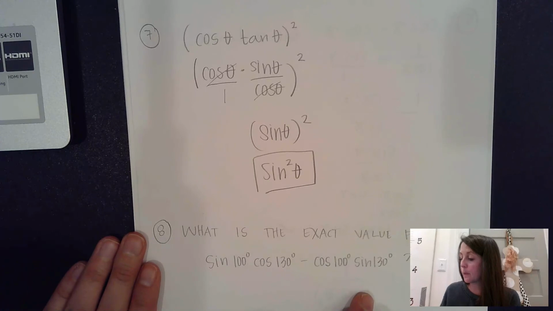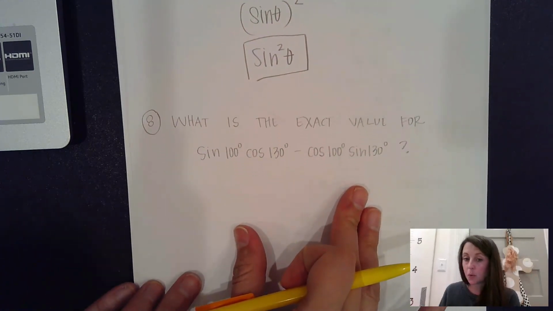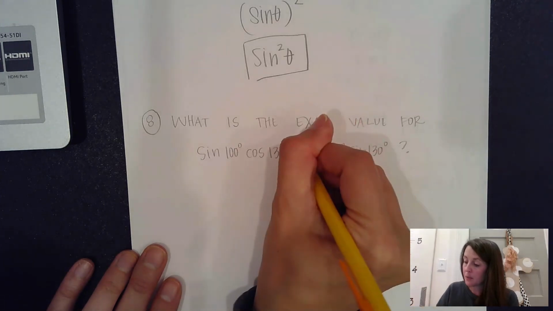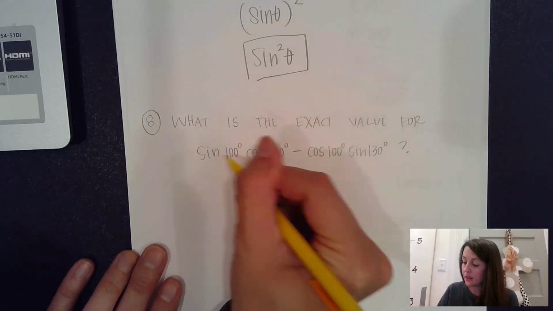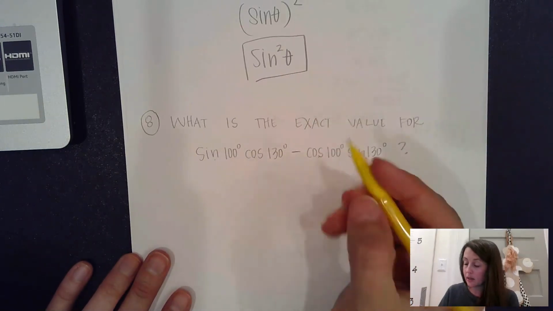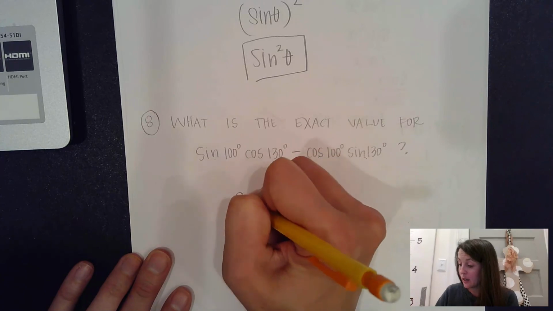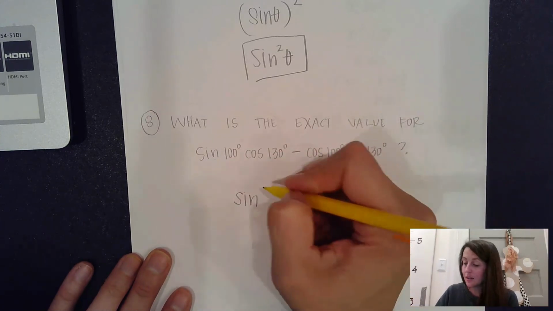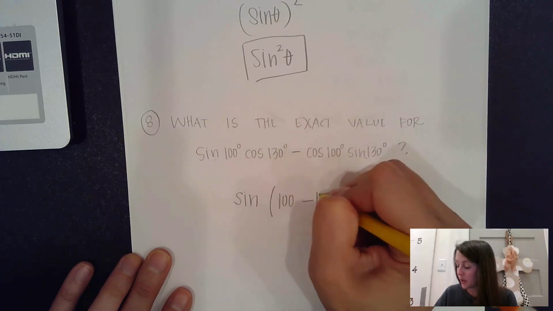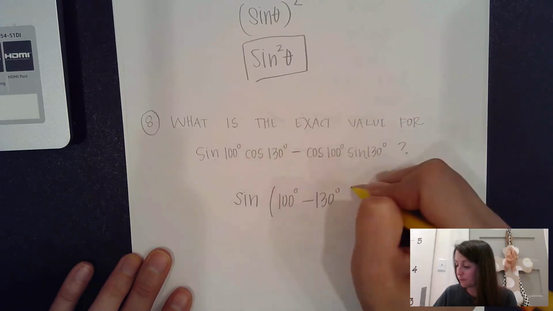Okay, all right. Last one here says, what is the exact value for sine of 100 degrees, cosine of 130, minus cosine of 100 degrees times sine of 130? Well, there's a minus sign here. I've got sine and cosine together, cosine and sine together, and they're opposite angles. So this is going to be the difference of sines. So it's going to be sine of 100 minus 130 degrees.